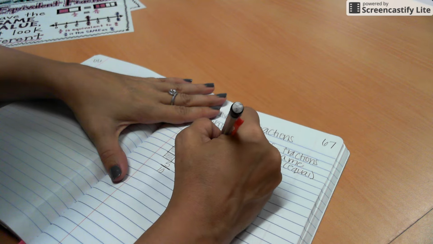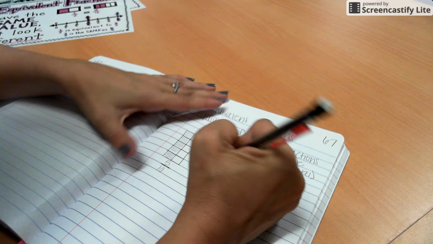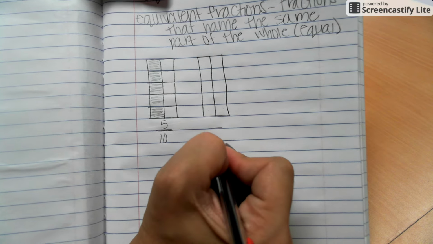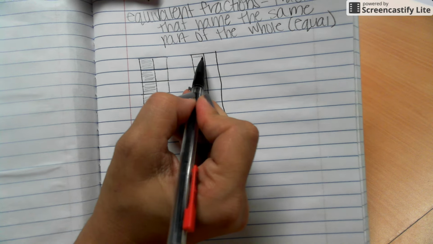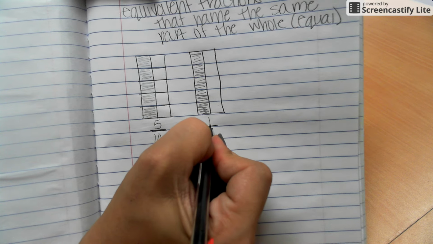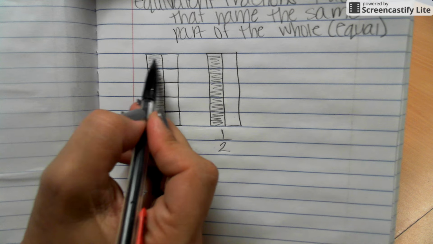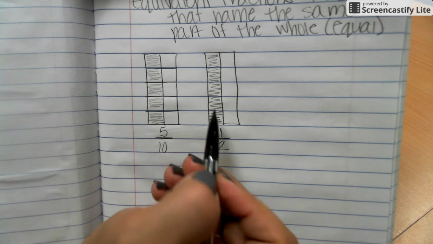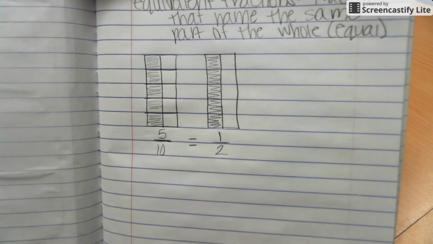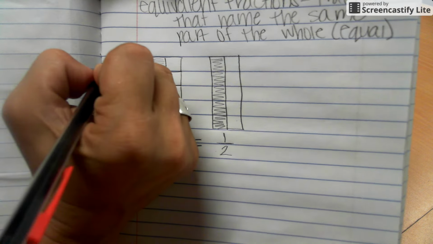Now, if I have two total pieces, 1, 2, and I shade in this side over here, that's 1 out of 2. Well, that's 1/2. So because this is the same amount shaded as this, that means 5/10 is equal or equivalent to 1/2. So this is one example.